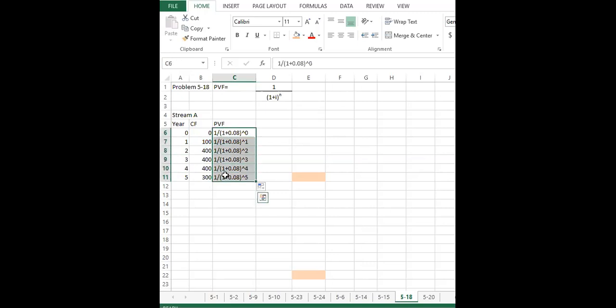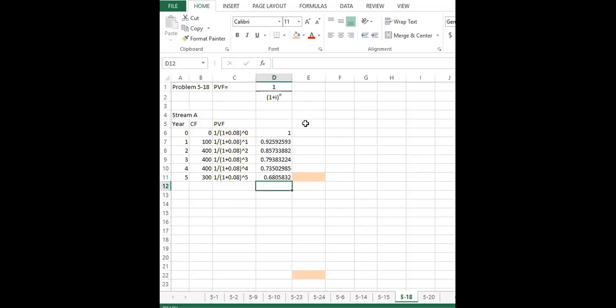So just calculate present value factor. Here 1, because this was the year 1. Here this is the present value factor for year 2, for year 3, for year 4, and the 5th year.